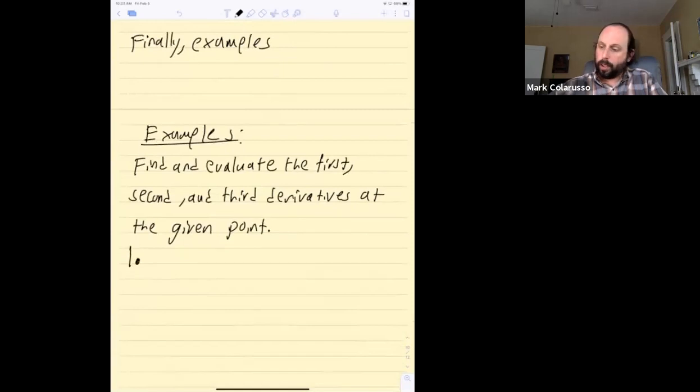So 1. So for f of x, we're going to stick with an abstract example first, is x cubed plus 2x minus 11 at x equals 1.